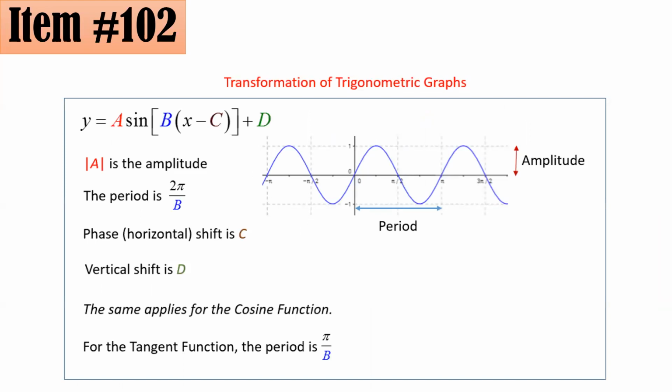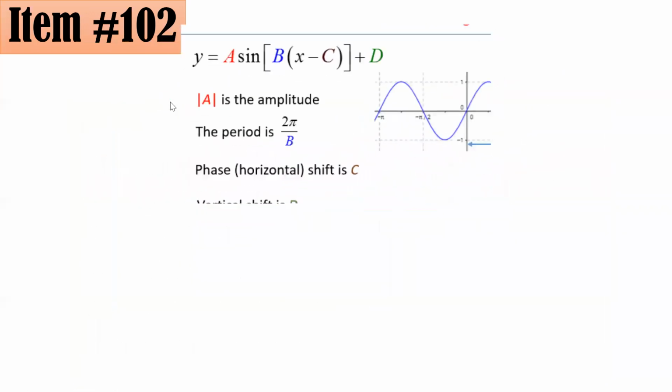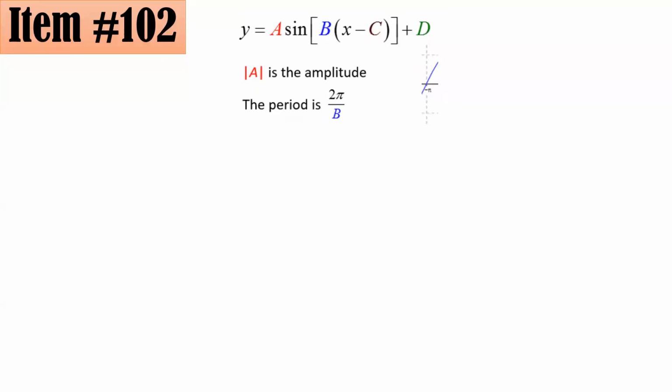Let's talk about the transformation of trigonometric graphs. If you have the equation y equals a sine of the quantity b times x minus c, everything added by d, its period is actually 2 pi divided by the value of b here. Okay? That's why, if you have this equation, you could see, no, yung part na to ay hindi pa na-factor.